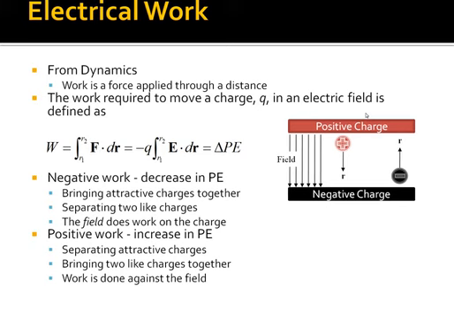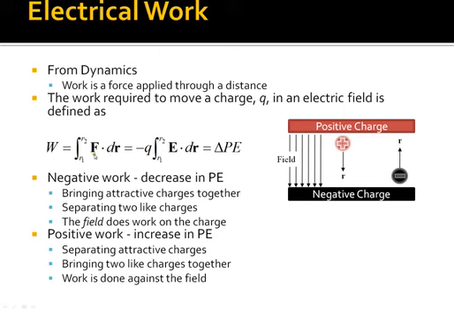Now, this leads us to the concept of electrical work, because from dynamics we know that work is force applied through a distance. So the work required to move a charge in an electric field is defined as the force dotted with the vector distance that it travels in the direction of the field.